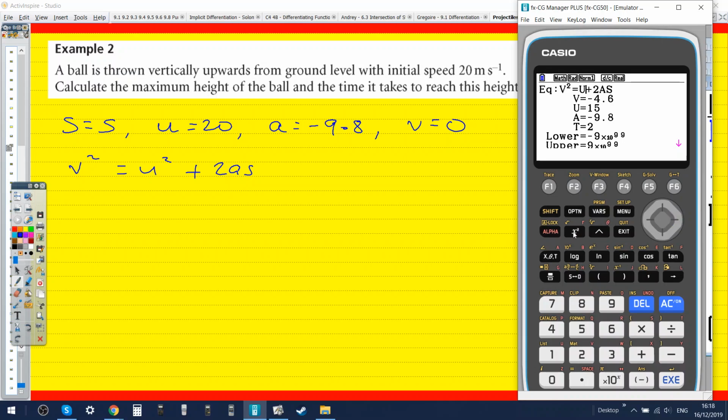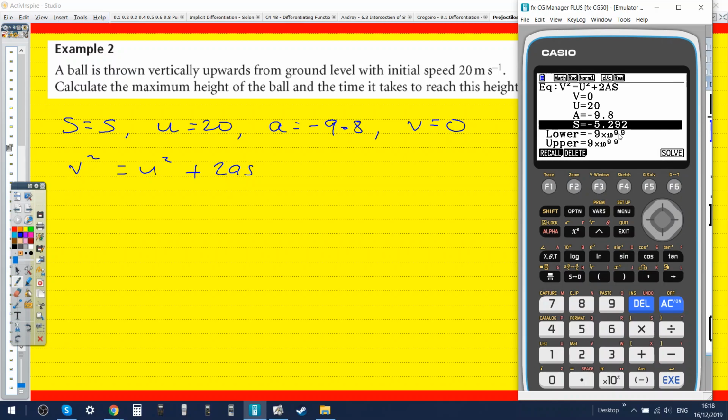And so do you have v squared equals u squared plus 2as? Yeah. So you press equals and then just put in the values. So we said v was 0, u was 20, a is minus 9.8.